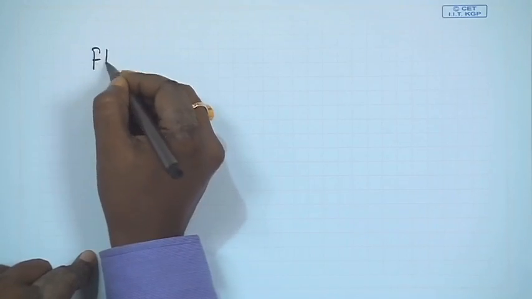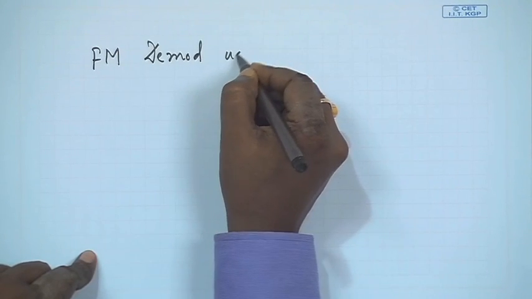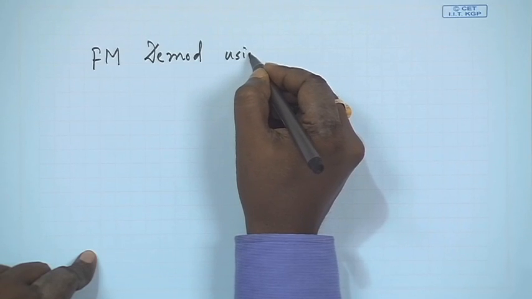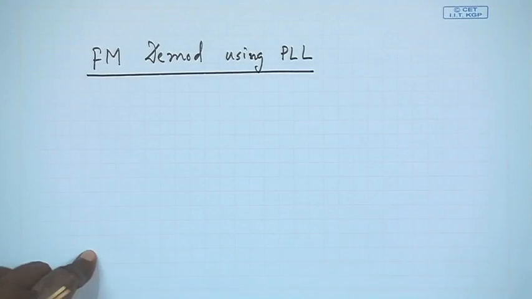Okay. This is one way of demodulating FM. There is another way, okay, that is FM demodulation using PLL. If you remember, for PLL we have also used a VCO, right, that was how we designed the PLL.